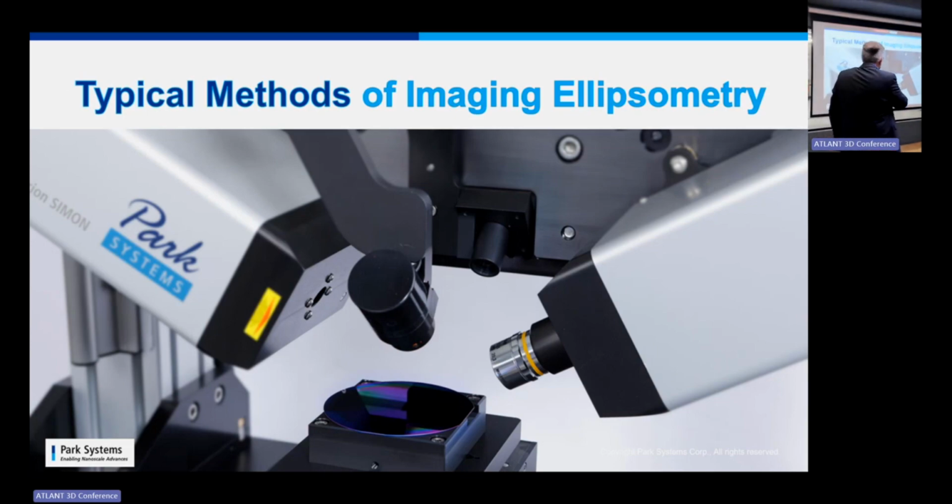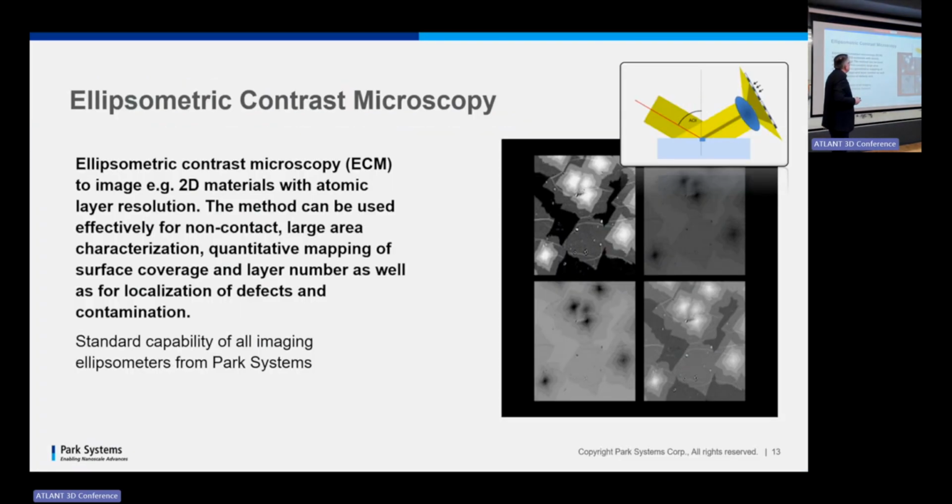Now I come to the typical methods, as we call them. So first of all, it is also a microscope. We get images of our surface. Depending on the state of polarization we have used on both sides of the sample, we can tune the contrast and the quality, the contrast between different parts of the surface.